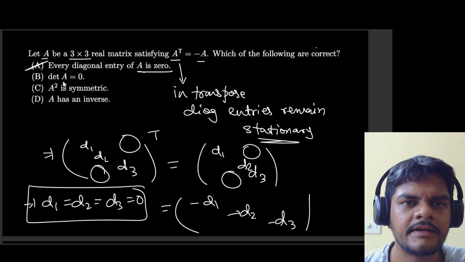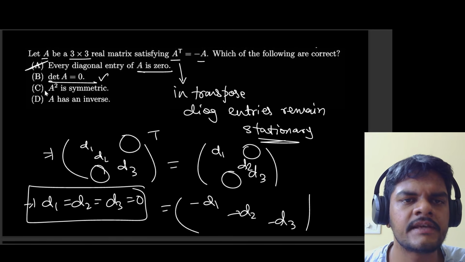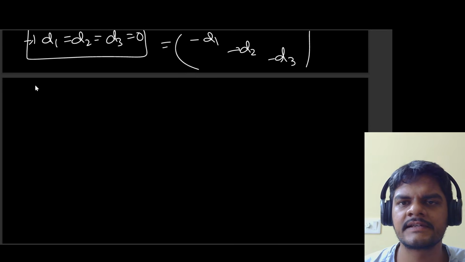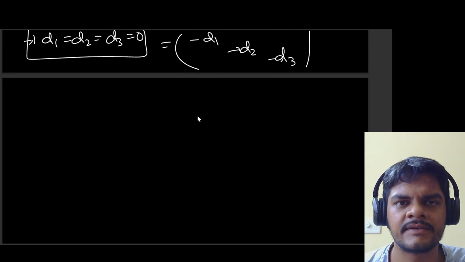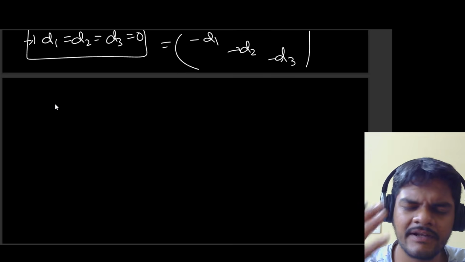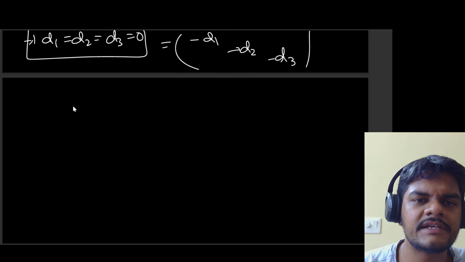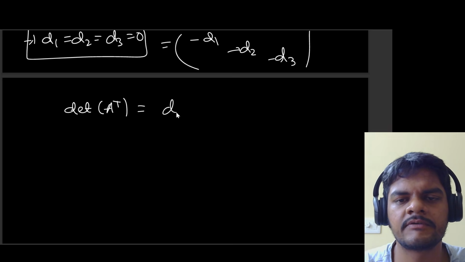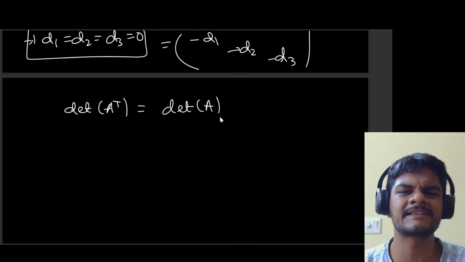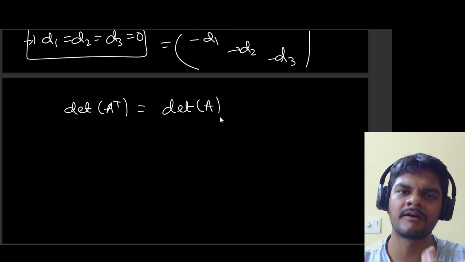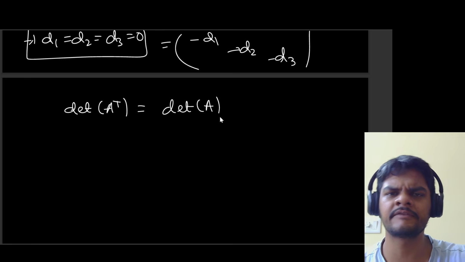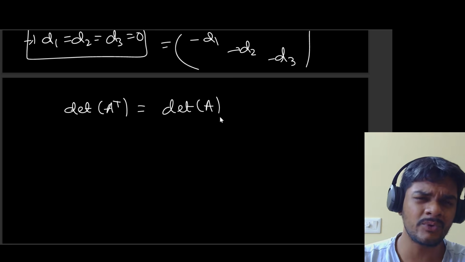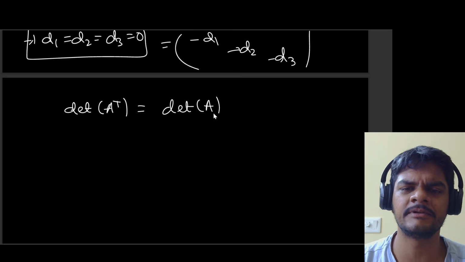Determinant of A is 0. Forget the diagonal entries; just simply take the determinant of A transpose. We know that this should be equal to determinant of A, because if you're opening with a column, you can open with a row and the determinant will be the same.